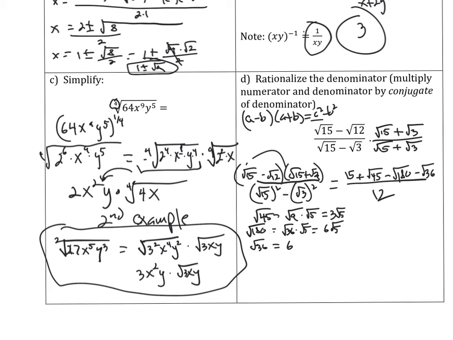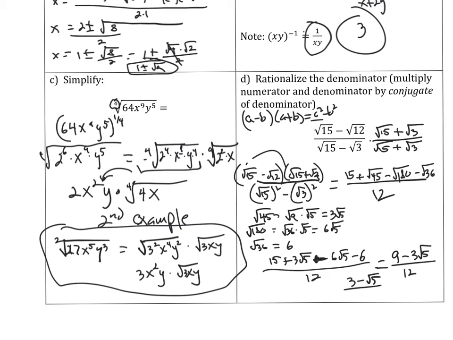So we end up with 15 plus 3 root 5 minus 6 root 5 minus 6 all over 12, and that's just going to end up giving us 9 minus 3 root 5 over 12, and that simplifies to 3 minus root 5 over 4.